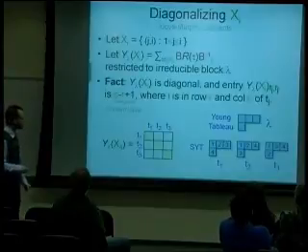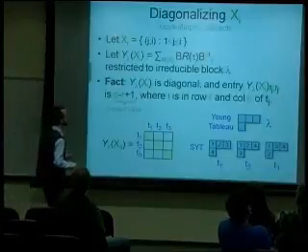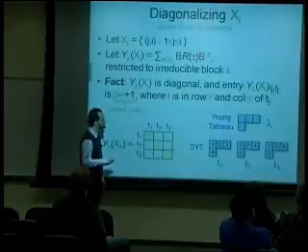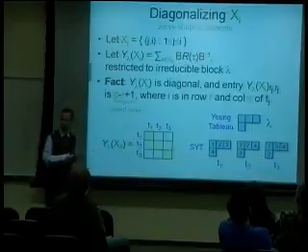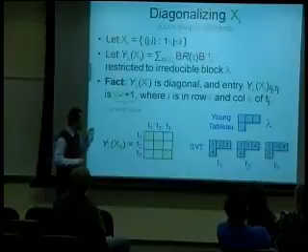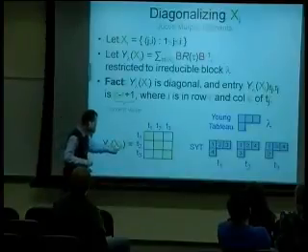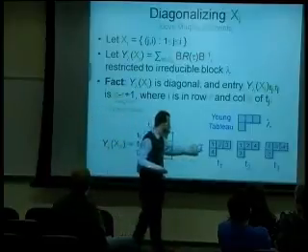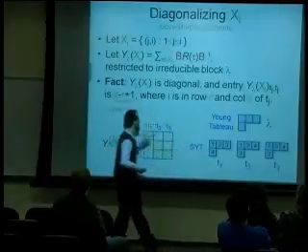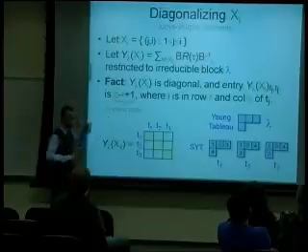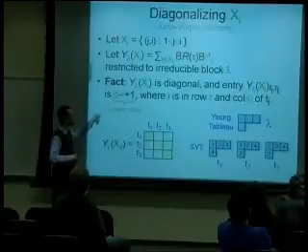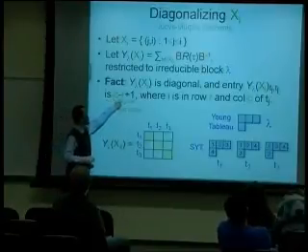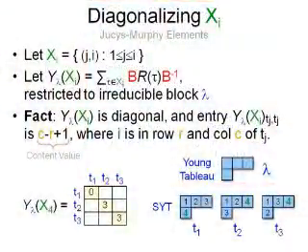Now we can figure out what these diagonal entries are. The claim is that in the diagonal entry corresponding to tableau Tj, we can find its value as follows. We look for the number 4. Let's look at T1, for example. We look for the number 4 in T1, and here it is, in row 2 and column 1. So we take 1 minus 2 plus 1, and we get 0.